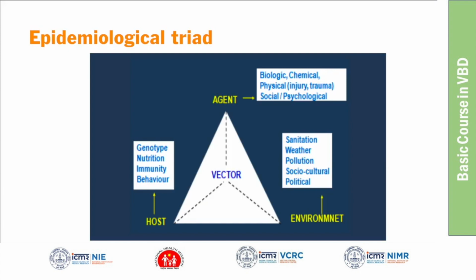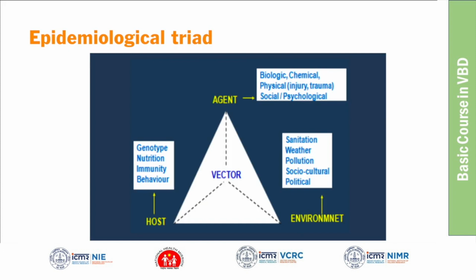We can also reduce the agent in the environment, and we can also make sure the environment is free of the agent. For example, some of the things that we do, remove the stagnated waters, to make sure the good quality water doesn't allow the breeding of larva.